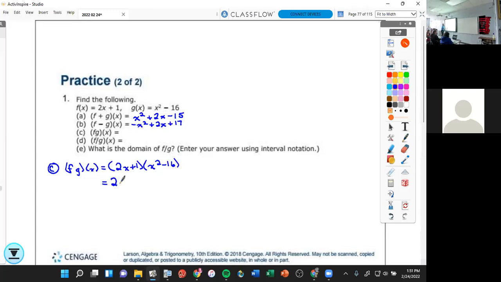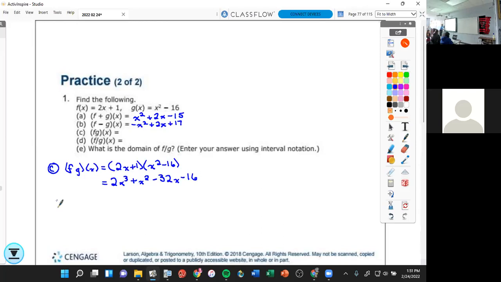So 2x cubed. First times first. Negative 32x is outside times outside. Inside times inside, plus x squared. Now let's go back to the outside times outside, which is minus 32x. And last times last.